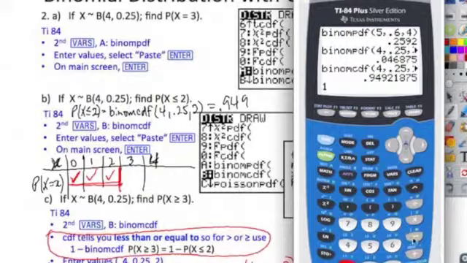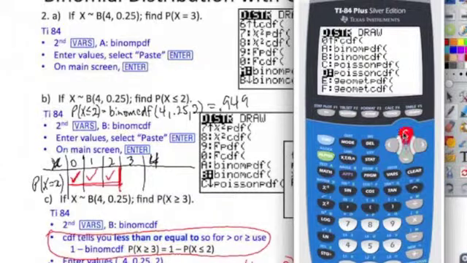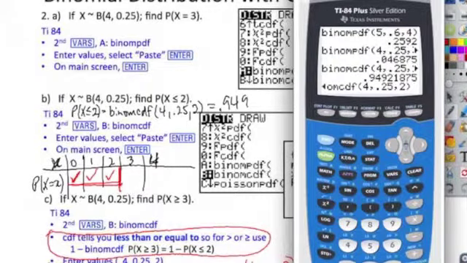Go 1 minus, start it here, then go into your distribution menu, go to binom CDF. Again, the number of trials is 4, 0.25, 2, all of those values are still the same for us. Again, paste that in, hit enter, right?